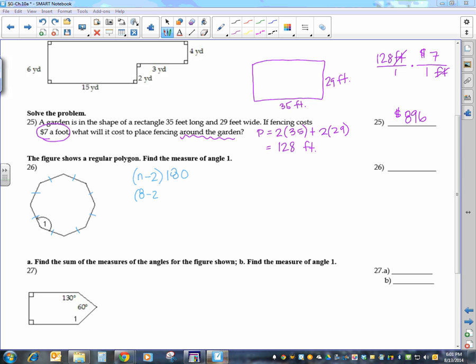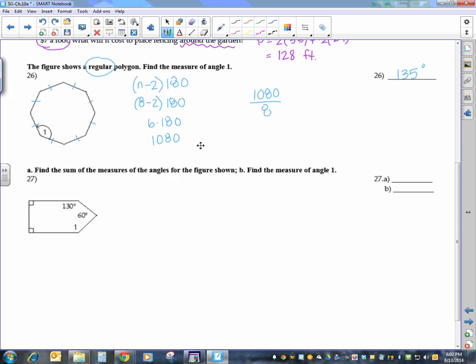So it's going to be 8 minus 2 times 180, which is 6 times 180, or 1080. It's a regular polygon, so we know that all the sides are equal and all the angles are equal. So we're going to take 1080 and divide it by 8 equal angles. And that gives each one a measure of 135 degrees.